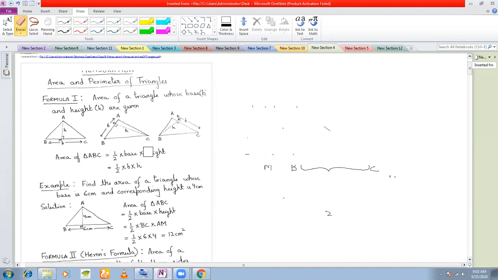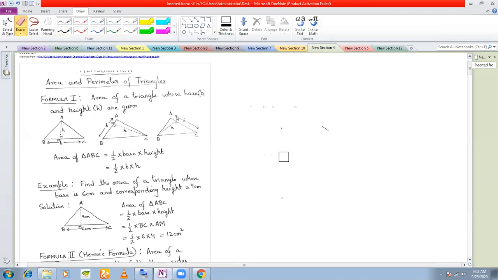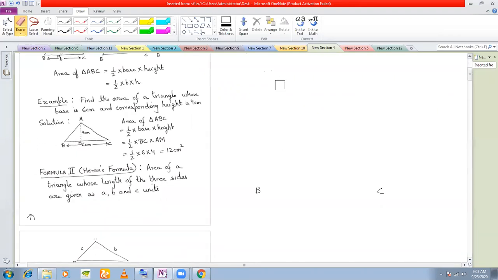Let's take an example here of how to find the area of this triangle using this formula. Find the area of a triangle whose base is 6 centimeter and corresponding height is 4 centimeter. Nothing is specified, so you can take any one as your base and any one as your height.